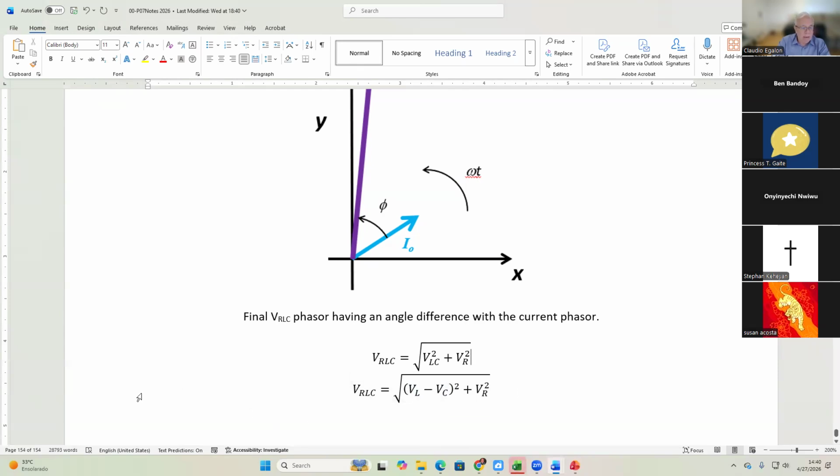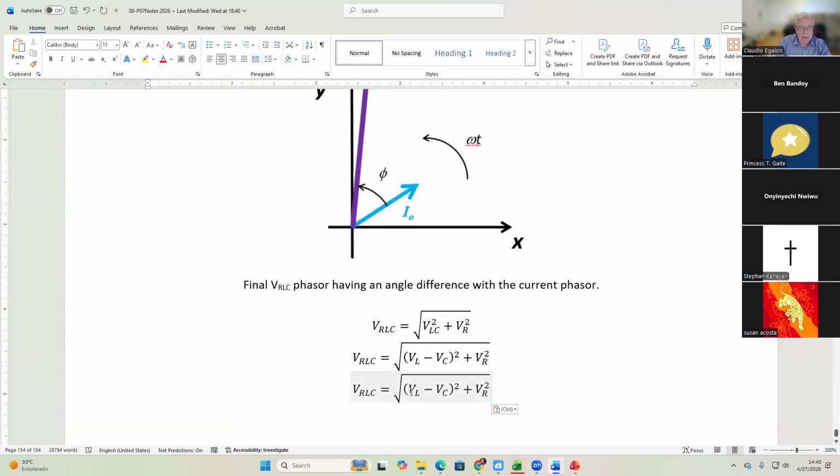But then I can rewrite that in terms of the reactance. The reactance is going to be X sub L times the current, X sub C times the current. V equals Ri. I'm using just the equation for Ohm's law.